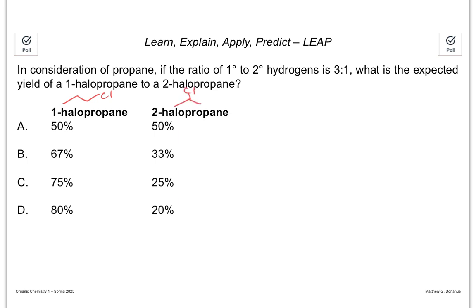Based on that, we would expect the theoretical yield to be 75-25. So that's C.